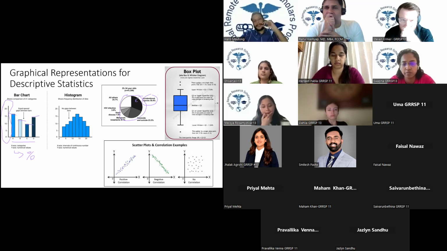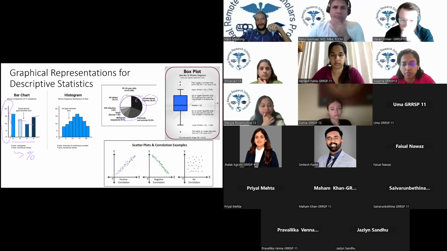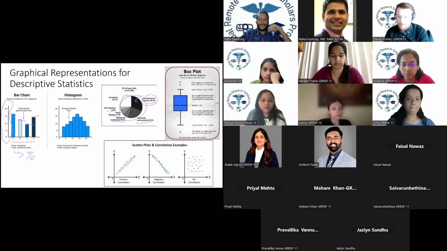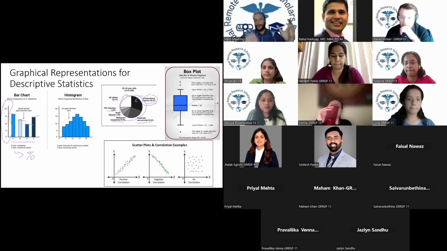For example, if we take into account the mortality causes for 25 to 34 years old, we will have that the most part of it will be unintentional injuries, followed by homicide and suicide, malignant neoplasm, heart disease, HIV, and all others. So we can see how that particular category contributes to the whole percentage.